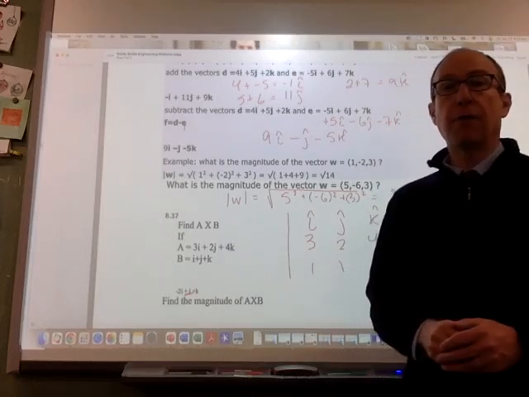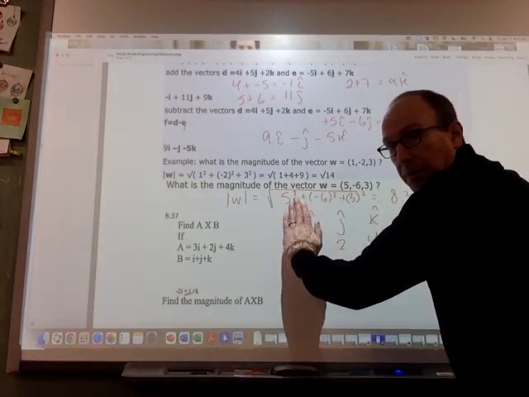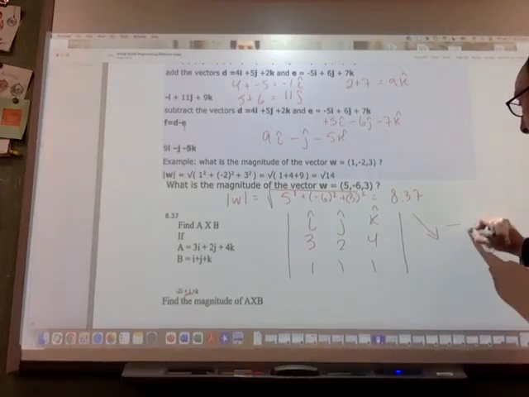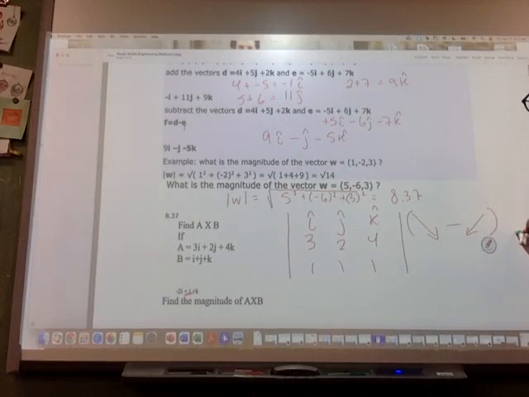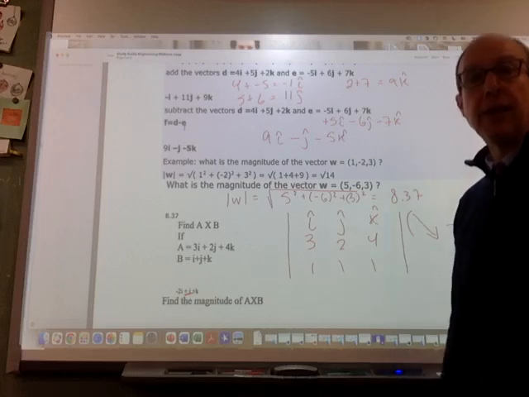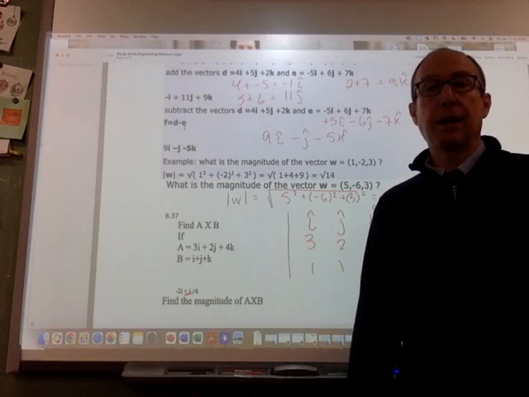Okay, so for the i hat terms, our rules are we cover up this column, and then we take this diagonal minus that diagonal is going to be our i hat. And that's because j hat cross k hat is i hat.